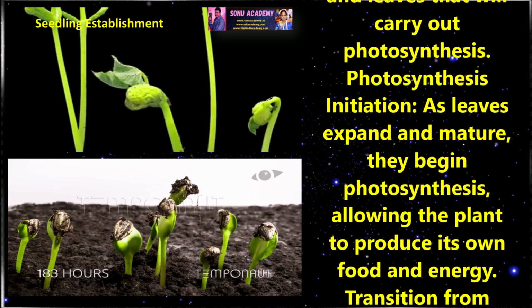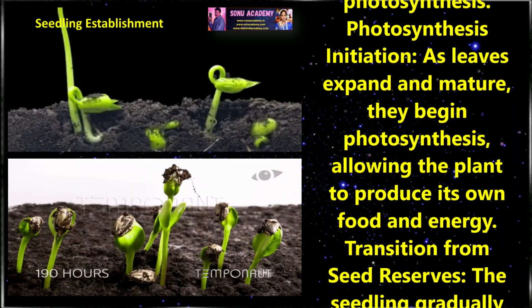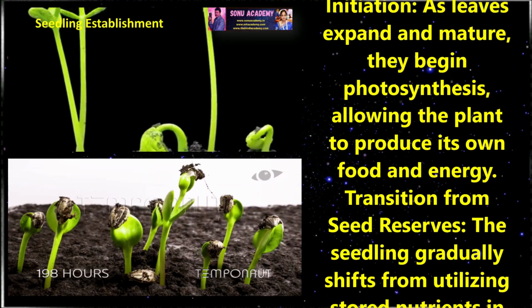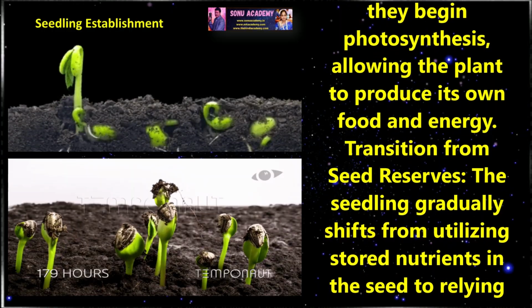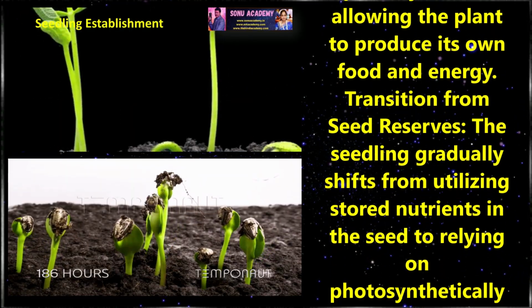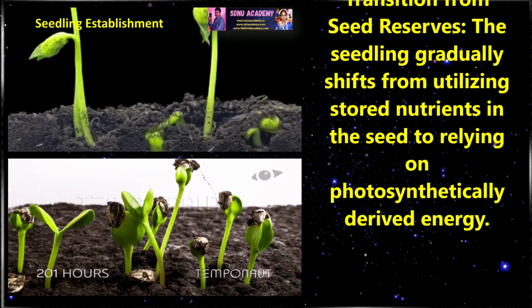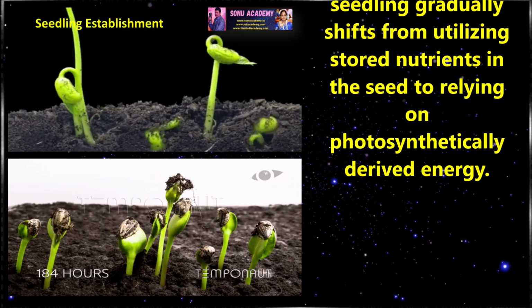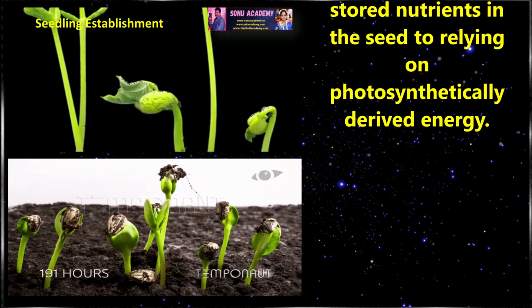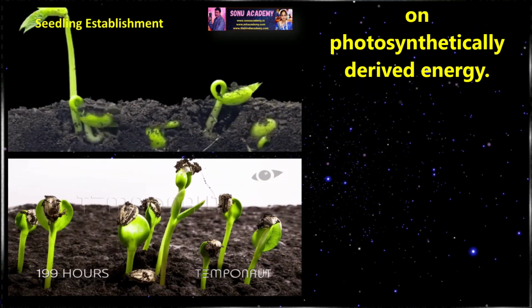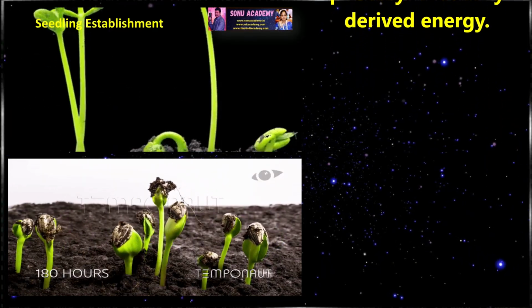Third one is photosynthesis initiation. As leaves expand and mature, they begin photosynthesis, allowing the plant to produce its own food and energy. Fourth one is transition from seed reserves. The seedling gradually shifts from utilizing stored nutrients in the seed to relying on photosynthetically derived energy.